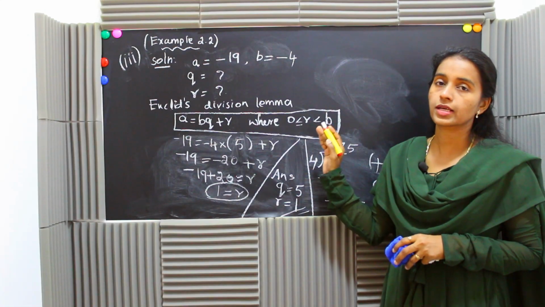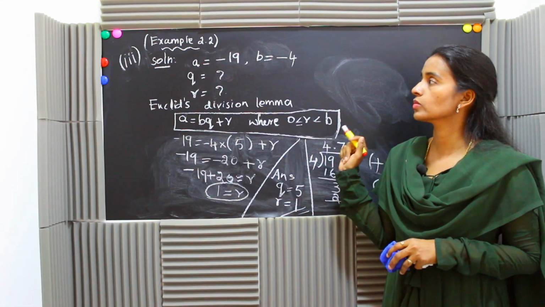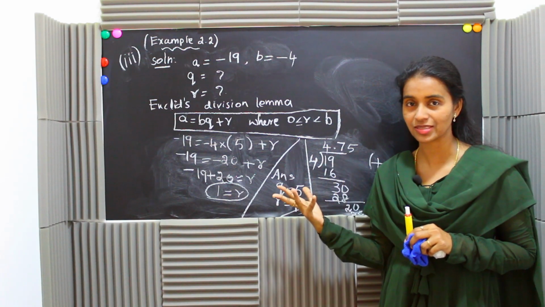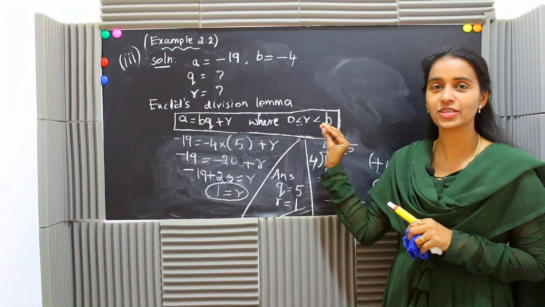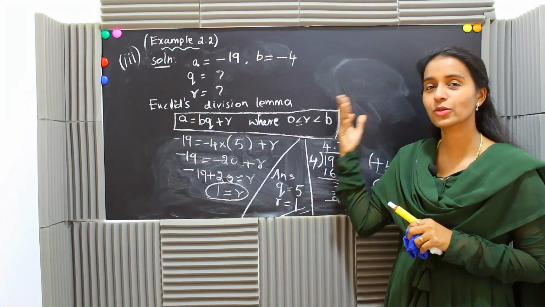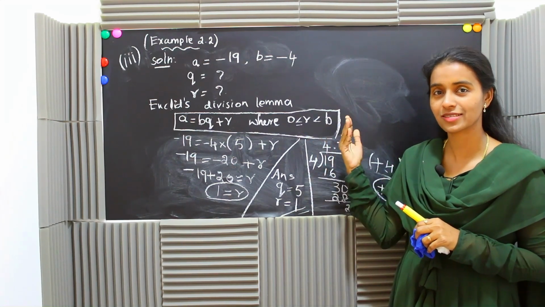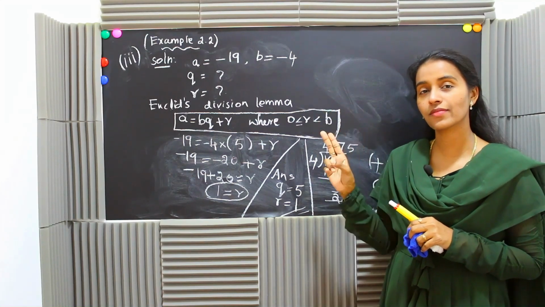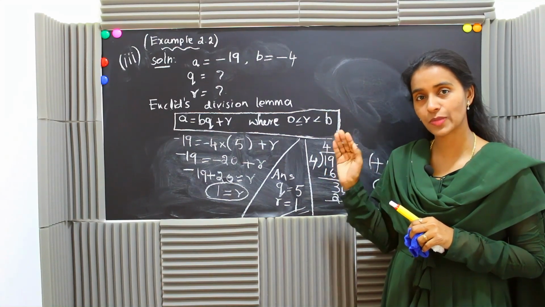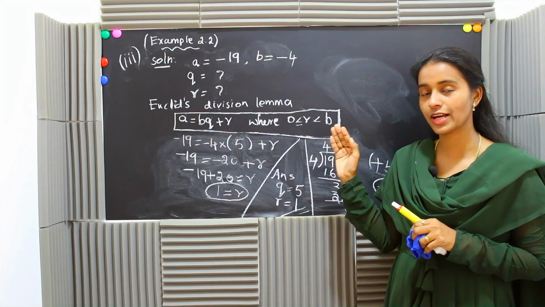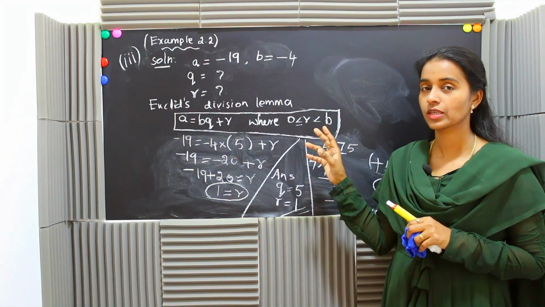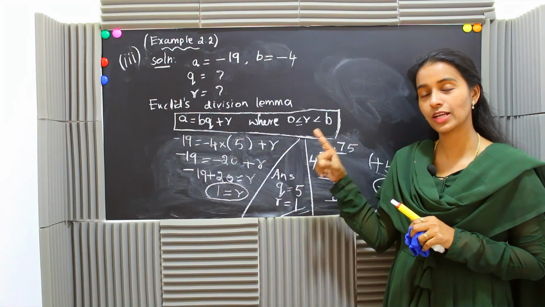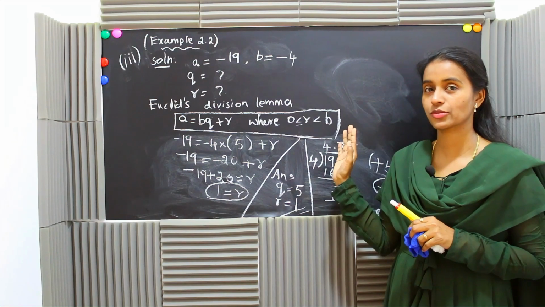It's all about example 2.2. For Euclid's division lemma theorem, we have to remember some things: in different scenarios, how the quotient value changes. If A and B are positive, the quotient value should be positive. If both A and B are negative, the quotient value would be positive.